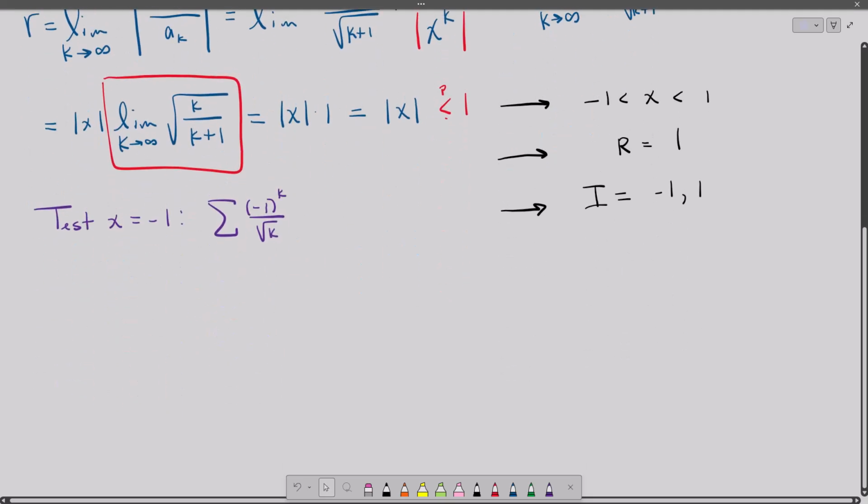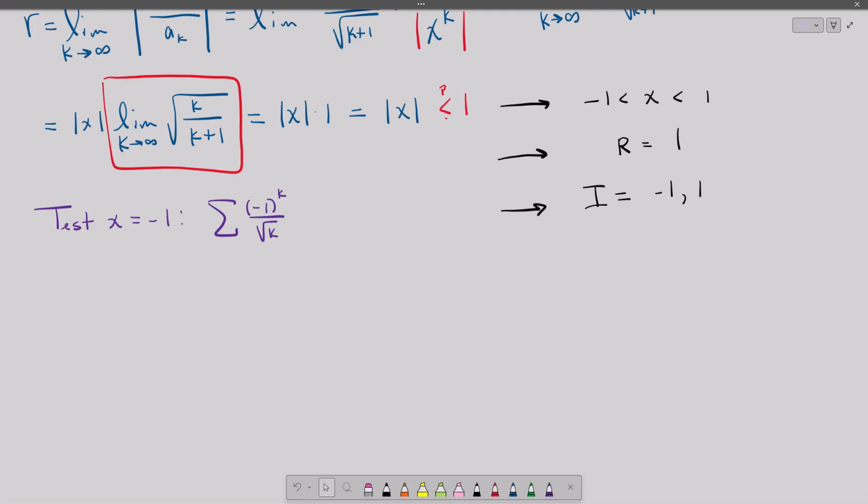What kind of series is that? Alternating. Is it converging or diverging? Converging, because the terms are going to 0 in magnitude. And that's all we need to know for an alternating series. If the terms are going to 0 and it's alternating, it converges.